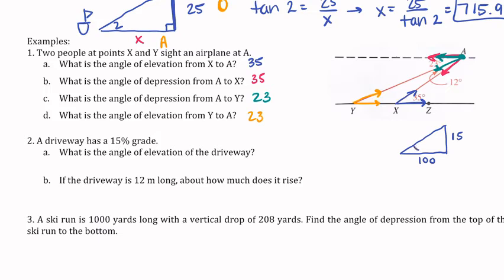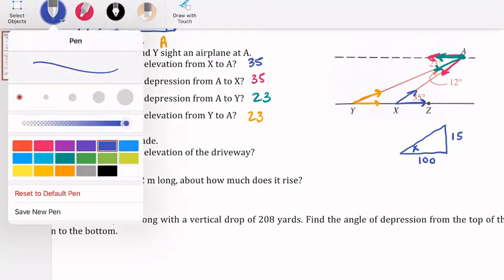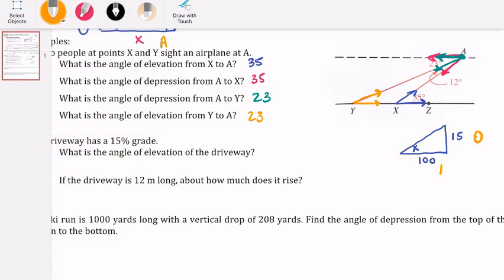And we want to find our angle of elevation. So our opposite is 15, our adjacent is 100. Since we're going to find an angle here, we need to use our inverse trig ratios. 15 is our opposite and 100 is our adjacent.